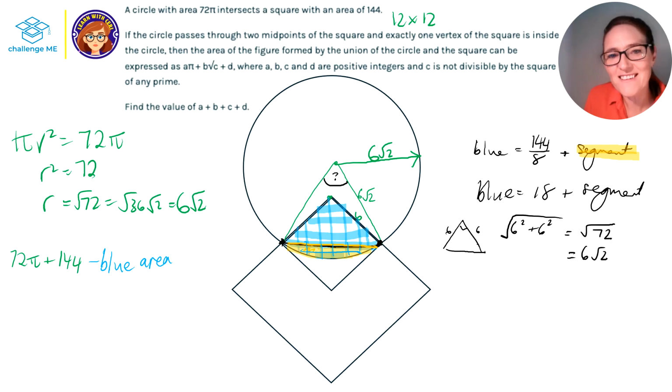So if this is a length of 6 root 2 across here, and this is a length of 6 root 2 here and here as well, then we have ourselves an equilateral triangle there. And if you've got an equilateral triangle, then you've got an angle of 60 degrees. So let's include that as well.